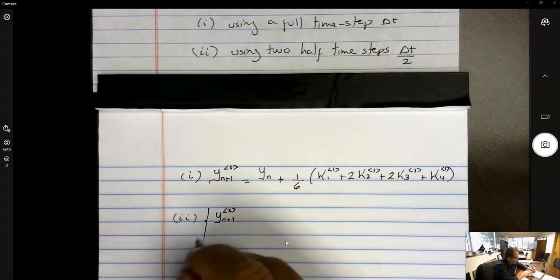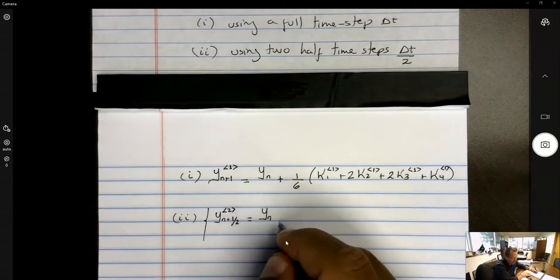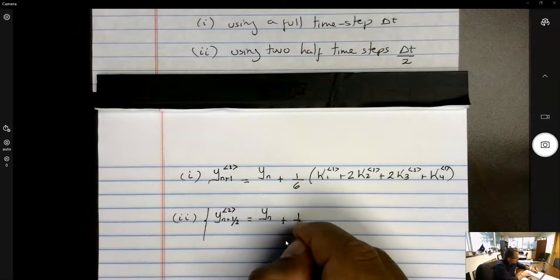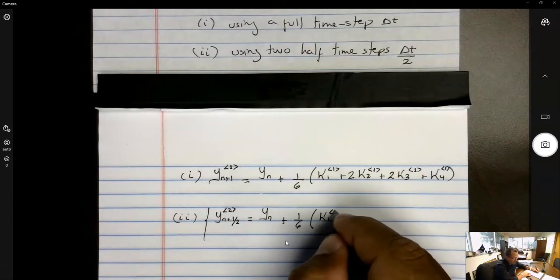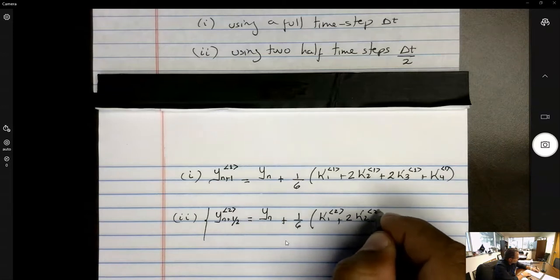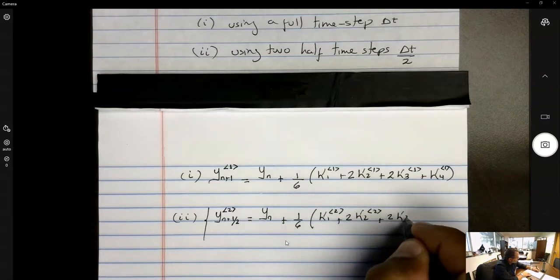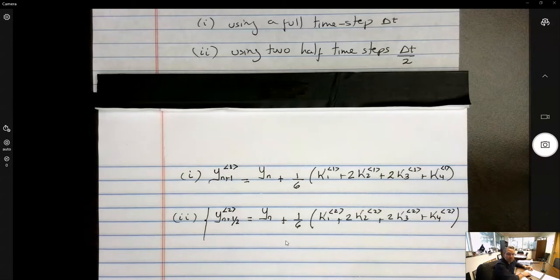And the second estimate of the solution, which we call y n plus 1, second estimate. Actually, we're going to calculate y n plus a half, halfway through the time step. It's y n plus 1/6 of k1 2 plus 2 k2 2 plus 2 k3 2 plus k4 2. This is again the linear combination of the Runge-Kutta solution.